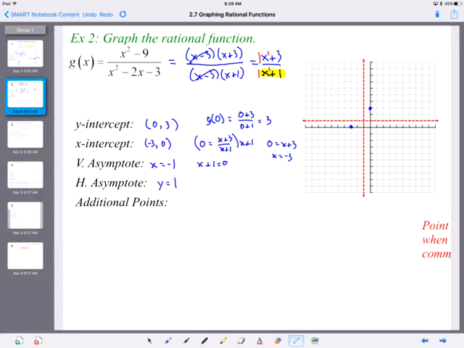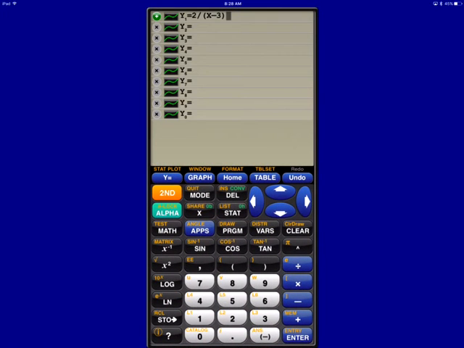Okay, and so right now we have 2 points and a horizontal and vertical asymptote. And so when we start to do those additional points, we go to our graphing calculator to identify what those additional points are. So let's do that. So we're going to plug in our new function.